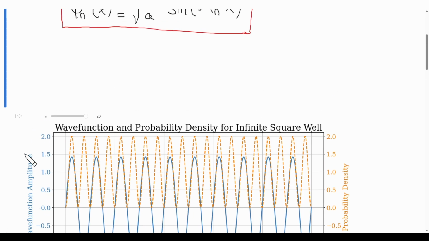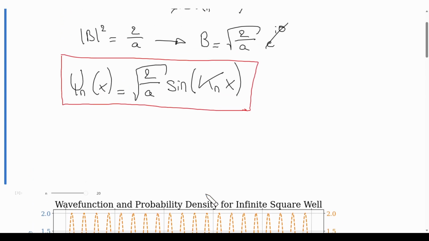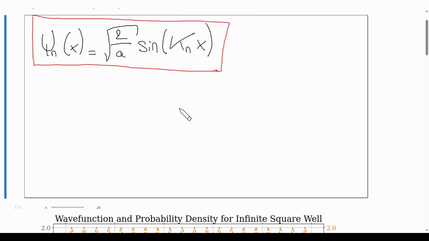Okay, so there is also some nice property that this particle in a box showcases, and let's recall that any state, any general state, can be decomposed on the basis of eigenfunctions.